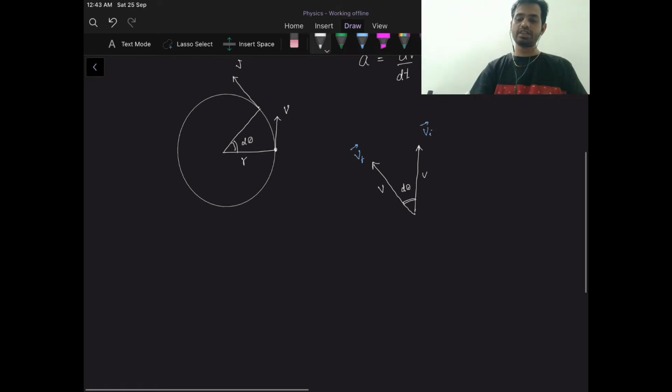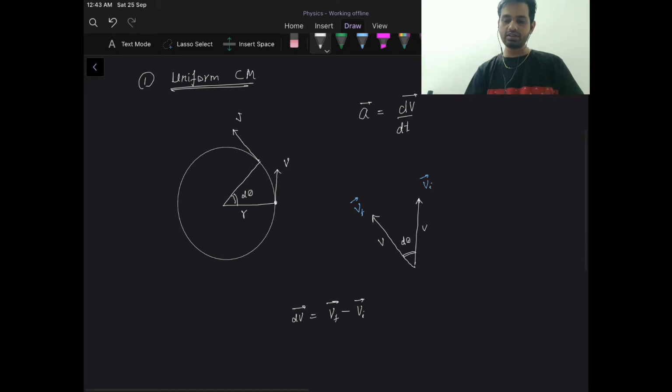So the dv vector is the final velocity vector minus the initial velocity vector. So this will be the dv vector.